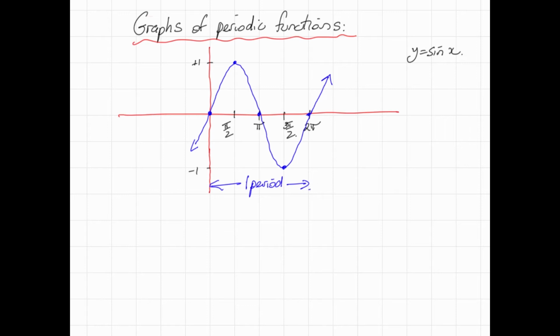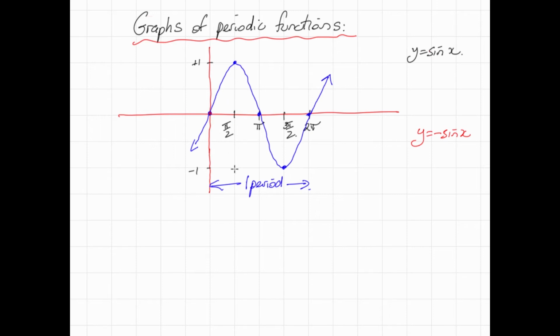If we wanted to look at y equals negative sine x, what happens when we change the coefficient there, which is +1 to -1? All it does is reflect this in the x-axis. So y equals minus sine x.